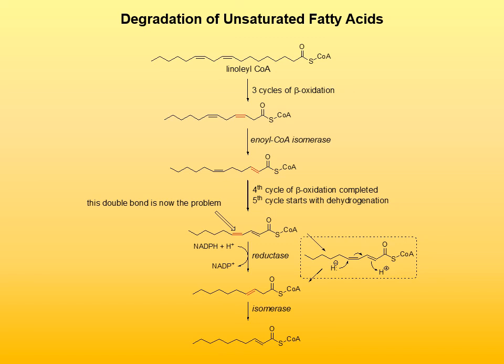So a total of 4 molecules of ATP are consumed. So for each cycle that involves a double bond, instead of 14 molecules of ATP generated, only 10 molecules of ATP are generated, or you can view it that for each double bond, 4 fewer molecules of ATP are generated.